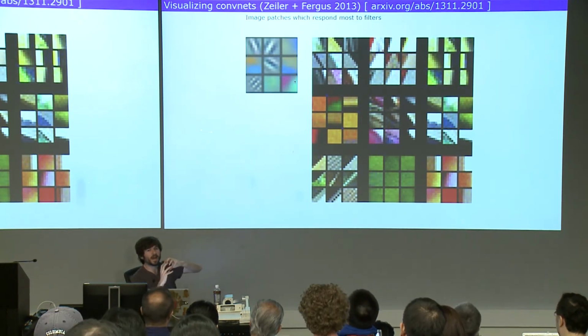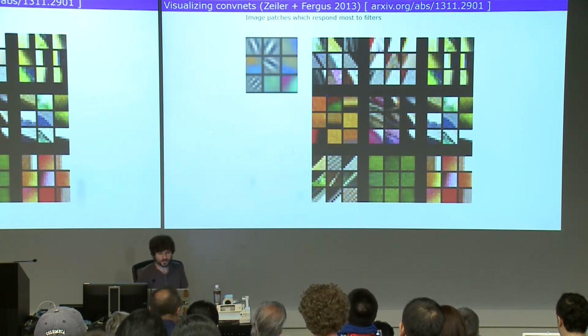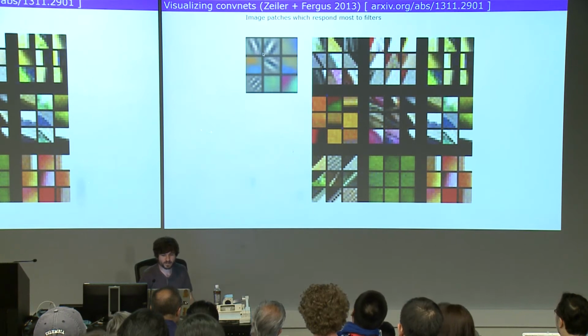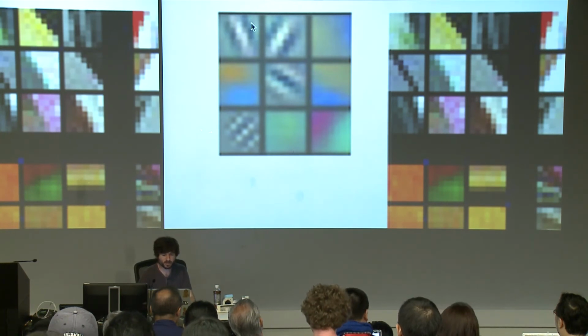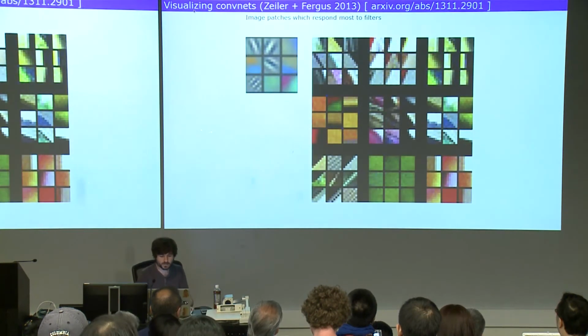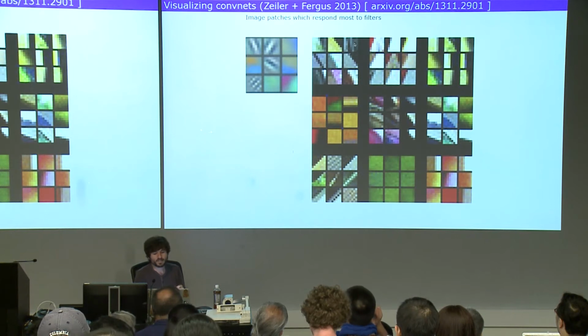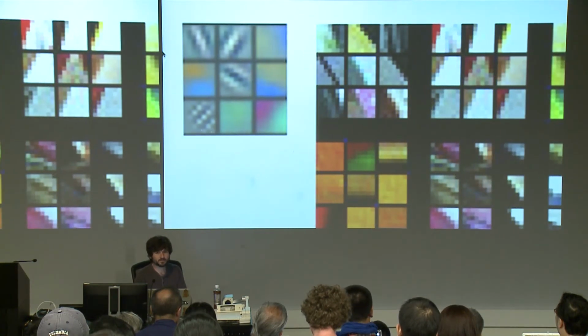So they just save actual parts of real images which make those neurons light up. So here, for example, in the first layer of the network, you have 9 filters, and they look for very simple patterns: diagonal lines, a patch of green, a patch of pink and green. And for each of those filters, we save 9 parts of real images which activated them.